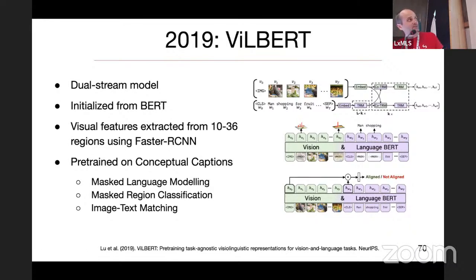And then there's our visual representations. These come from the Faster RCNN object detector that I mentioned before the break. So here they're using between 10 to 36 regions of interest, and these are embedded. And then there is this kind of co-transformer layer, which is doing this fusion across modalities that I just described.